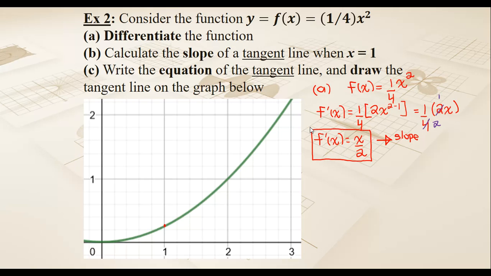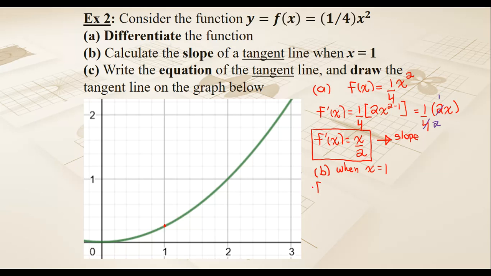Now, we were just interested to start the lesson off in figuring out what's the slope of a tangent line when x equals 1. So we want the slope when x is equal to 1. All I'm going to do is evaluate this derivative when x equals 1.